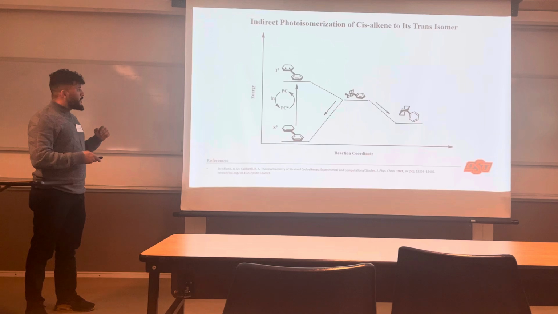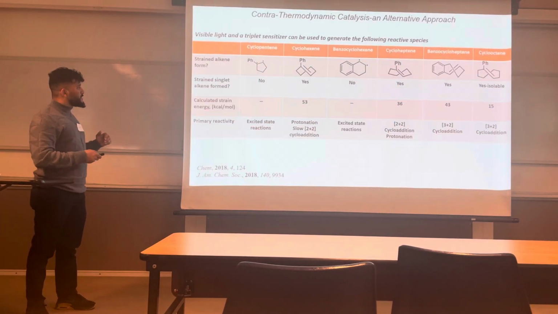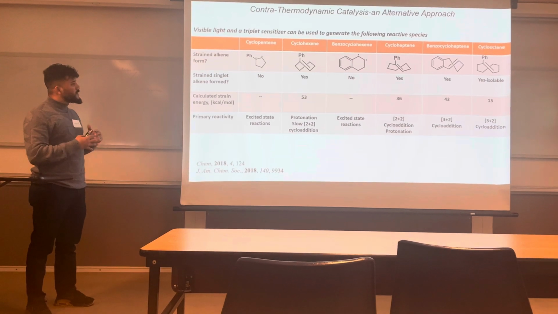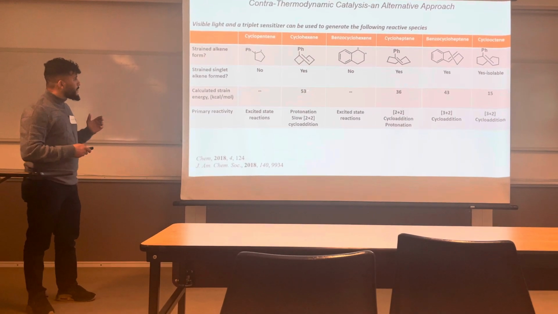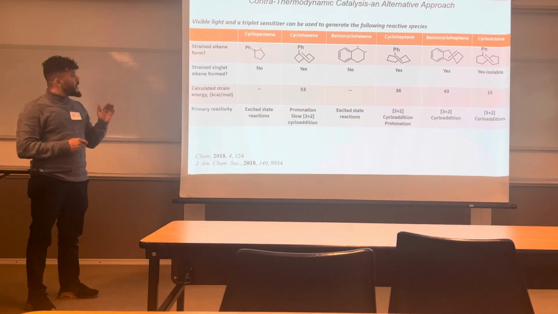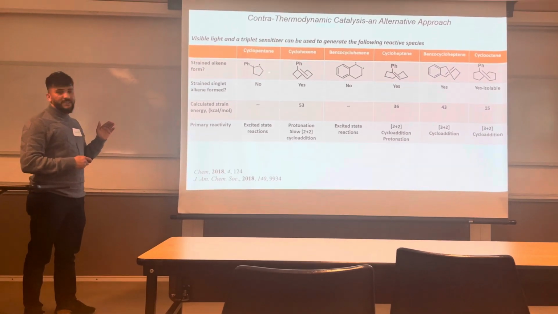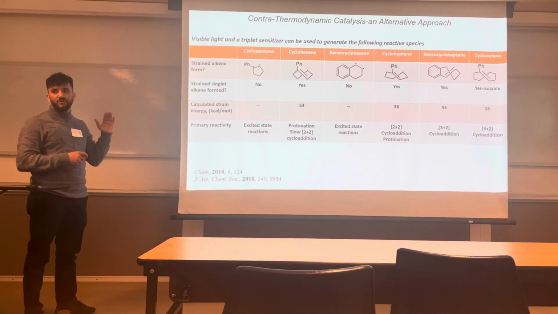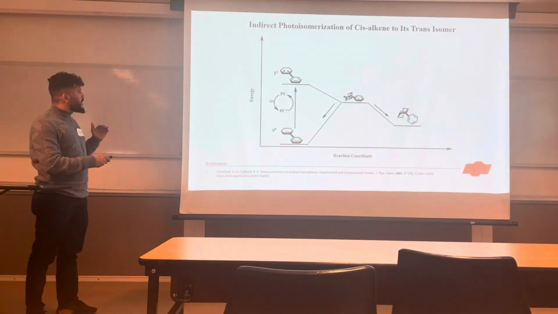But I'd like to show different trans-phenylcyclohexene or different cycloalkenes that we worked with. First of all, let's start with the phenylcycloheptene. This one cannot form the trans because the ring size is very small and the strain energy is too high. It will stop at this step right here.